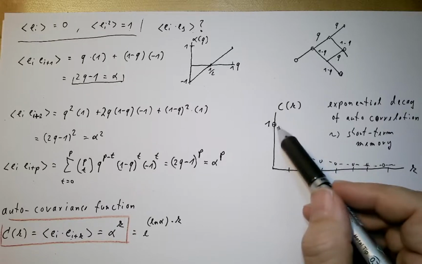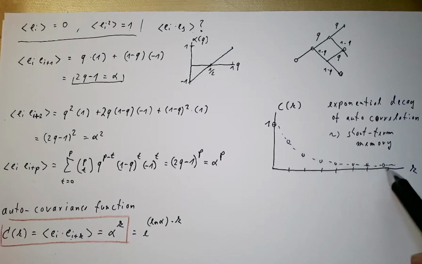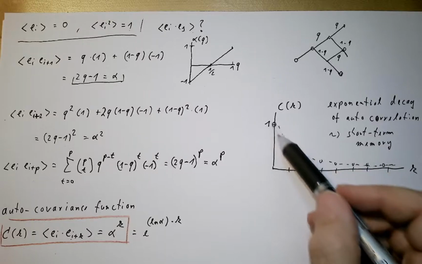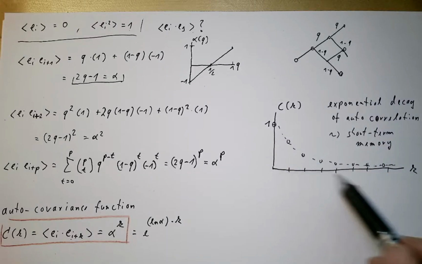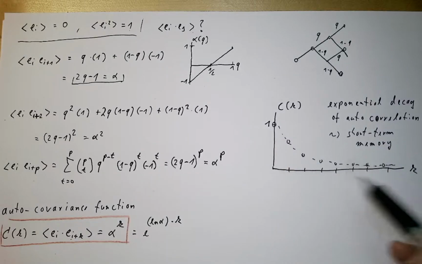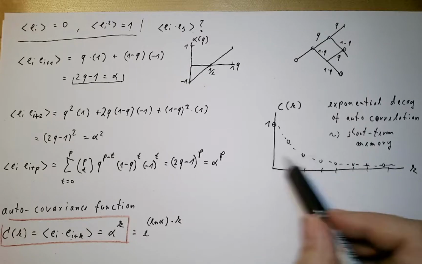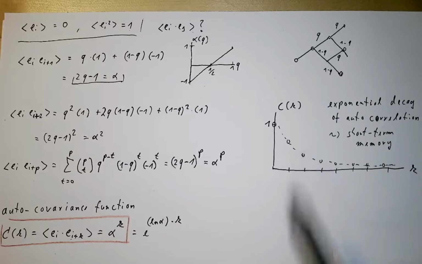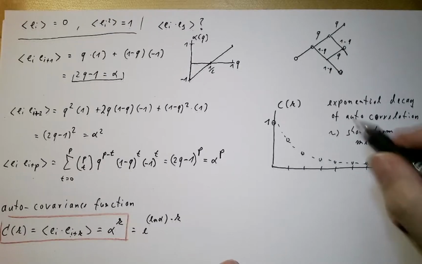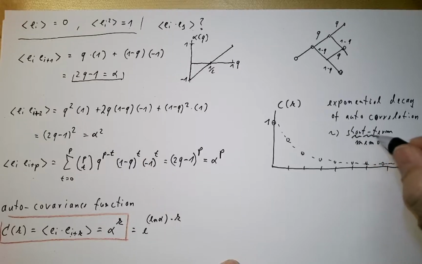An exponential function is a very sharply decaying function, so it decays very fast. After a short time the correlation is basically 0. So we have a memory which has only a certain finite time width, so it's a short-term memory, right? But it's our first process that we introduced which has a memory.